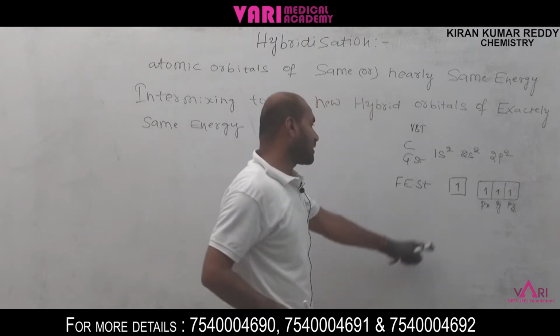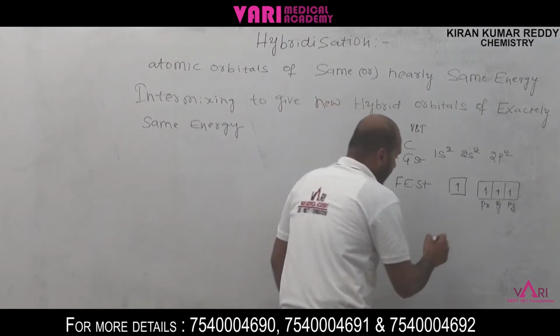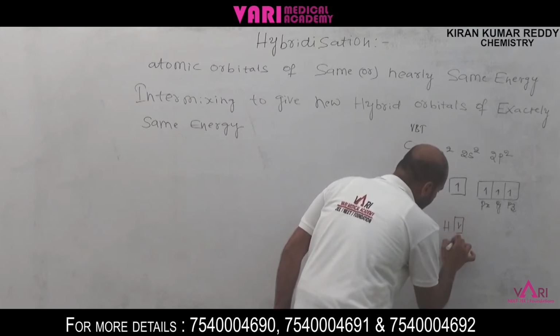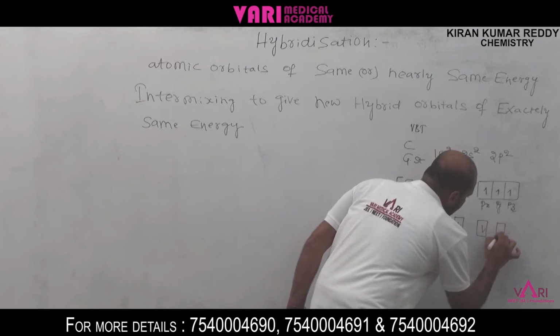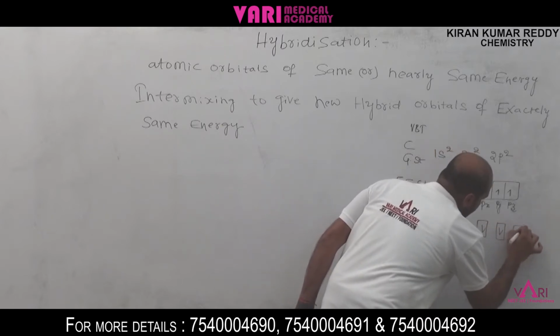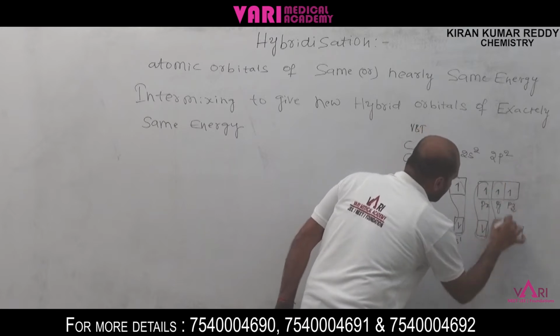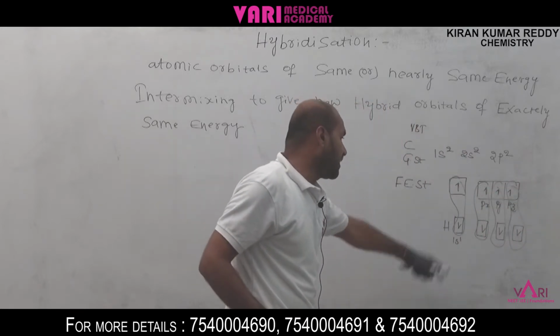Now how many unpaired electrons are present? 4 electrons are present. The hydrogen atoms, each 1s1, overlap like this to form bonds, and all bonds are equivalent.